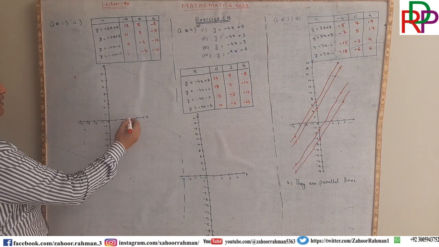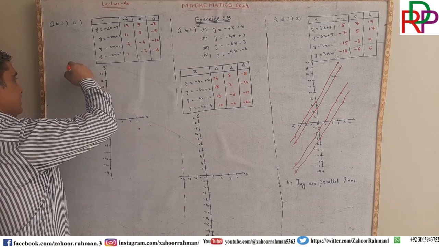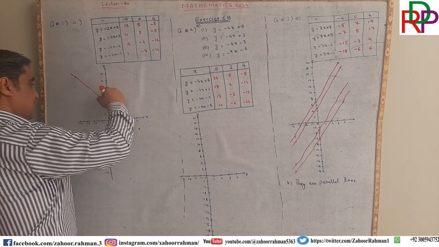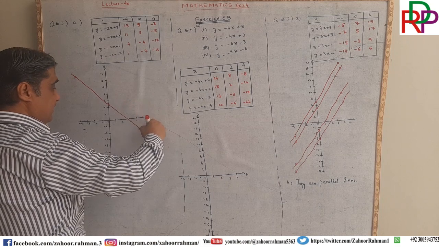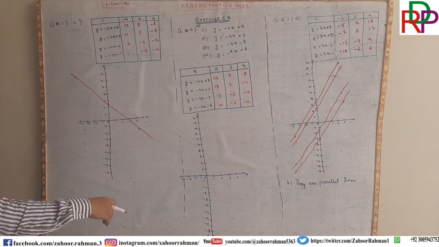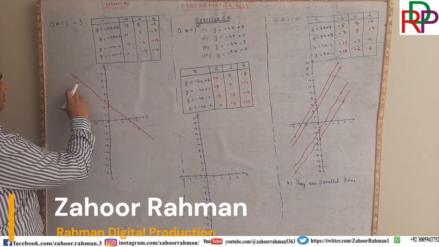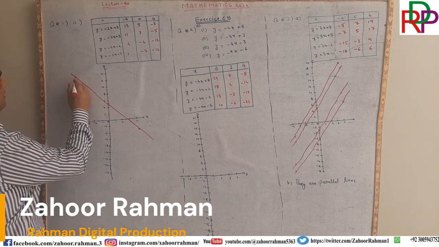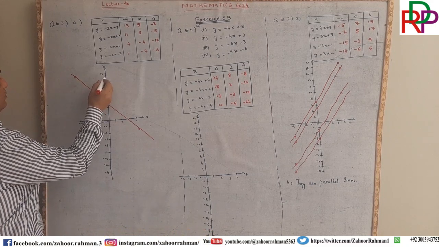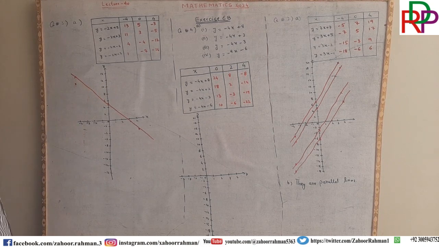For 4 it will be minus 3, which will be somewhere here, and again we have to connect these points. Similarly, for minus 4 there will be 11, so 11 will be somewhere between the 10 and 11, and it will be here.